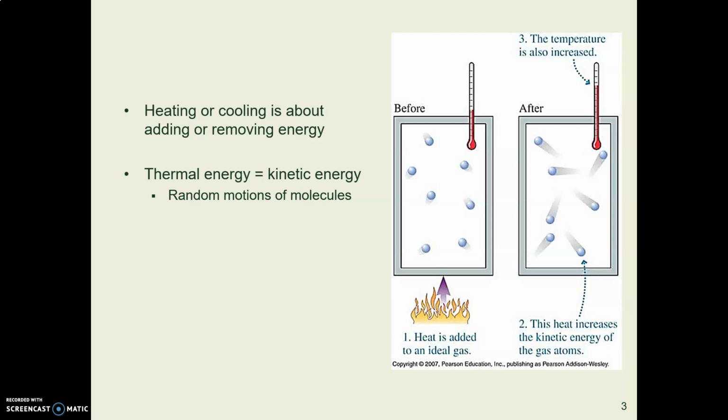And heat energy is molecules vibrating. It's molecules moving around. And so if you want, you can think of thermal energy, that is temperature energy. You can think of thermal energy as kinetic energy, that is the energy of motion.